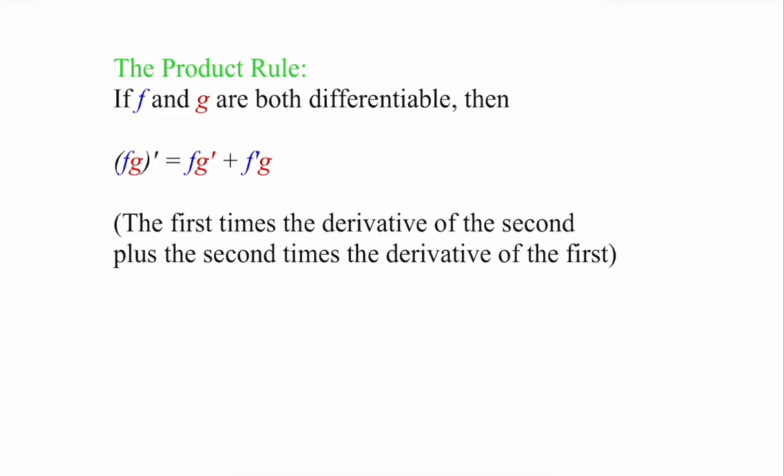If we have a function f and g and we need to take the derivative of it, we can just take the first, write it down, times the derivative of the second, using some of our rules, plus the second, write it down, times the derivative of the first. So we're always going to use that technique to help us. So the product rule is something we have to memorize. There's just no 2 ways about it. You just got to memorize it.